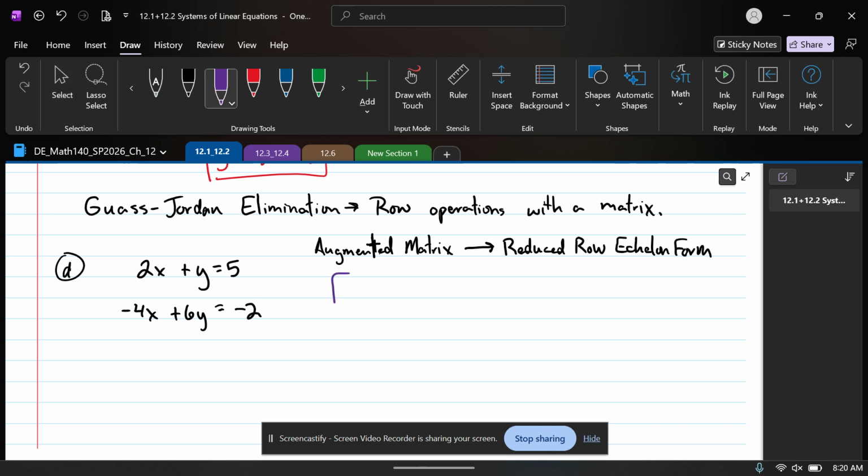That matrix is going to be a 2 by 3 sized matrix: 2 rows, 3 columns. The first row are the numbers from the first equation, so 2, 1, and 5. The second row is the numbers from the second equation, -4, 6, and -2.